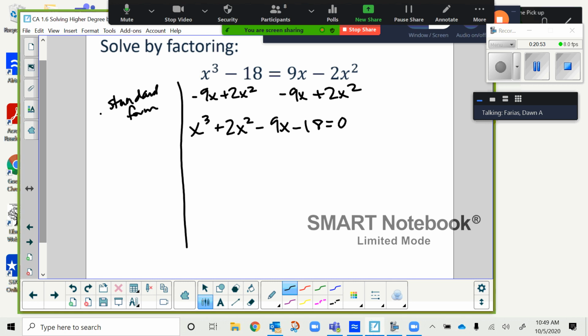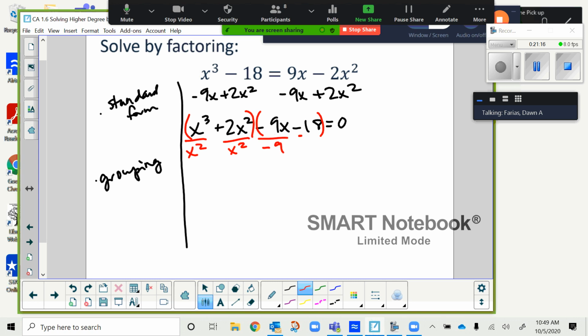So we have 4 terms, which means we go to grouping. And the first group has a GCF of x squared, which I'm going to factor out. The second group has a GCF of -9. So that leaves me x squared times x plus 2 minus 9 times x plus 2 equals 0.